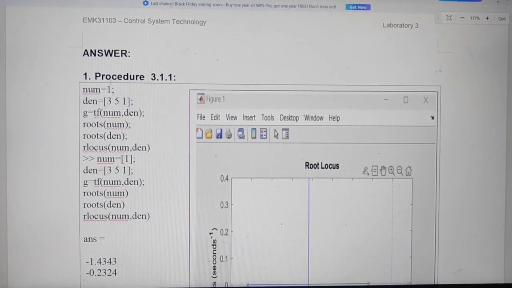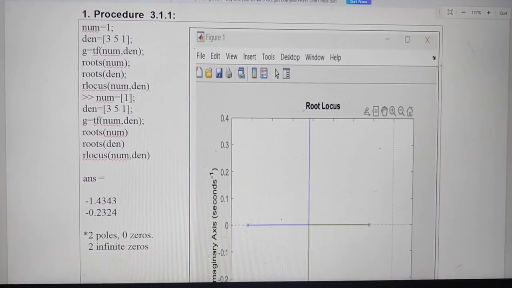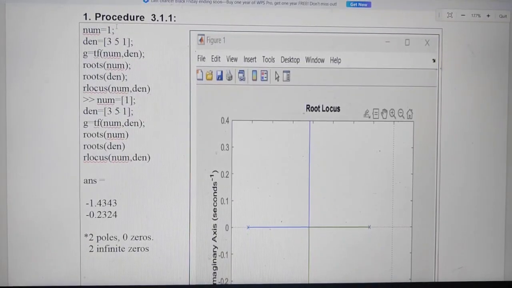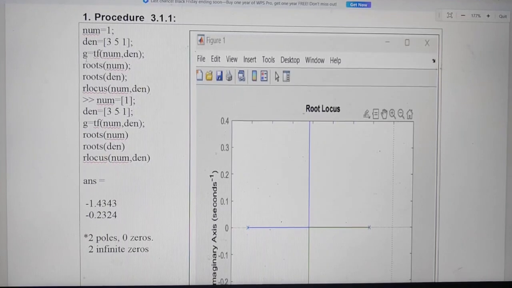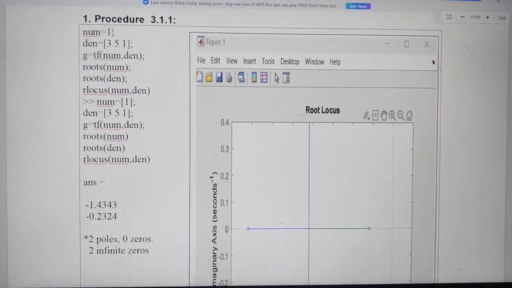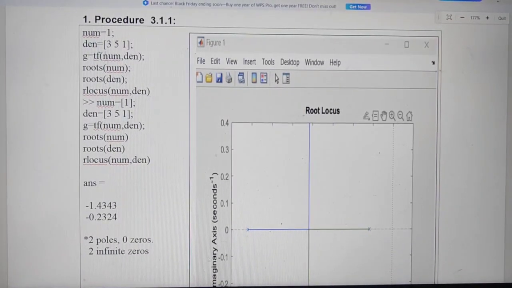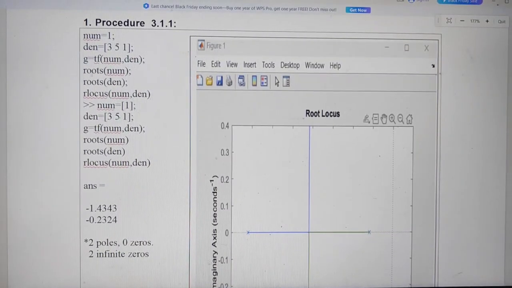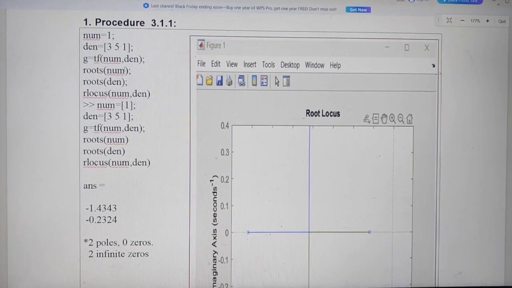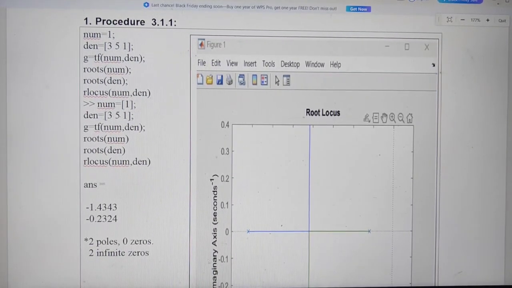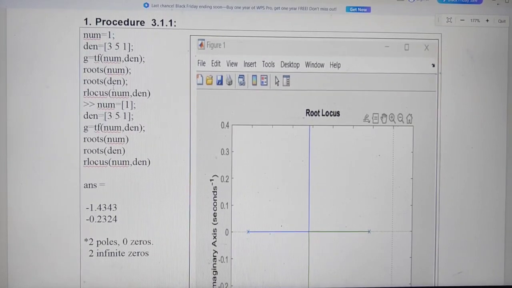This is the code for the first exercise, where the numerator is 1 and the denominator is 3 5 1. For the GTF, we need to add the numerator and denominator, and these are the roots for the numerator and the roots for the denominator. After that, we do the root locus for the numerator and denominator.